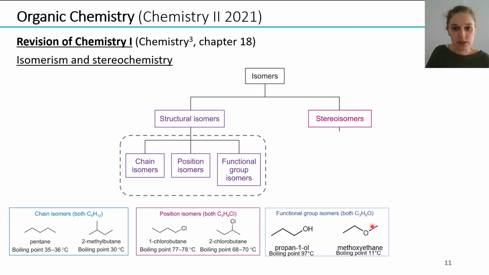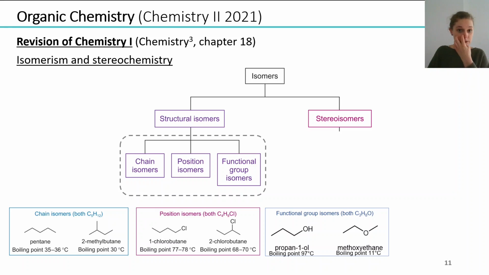We have a molecule with the formula C3H8O, and then we could either draw a carbon chain with 3 carbon atoms and at the end position an alcohol group. Then we talk about propan-1-ol. Or we draw a carbon chain where we have 2 carbon atoms, then an ether group, and then again a methyl group at the end position. Then we talk about methoxyethane. Here you can see that you have either an alcohol or an ether with the same molecular formula.